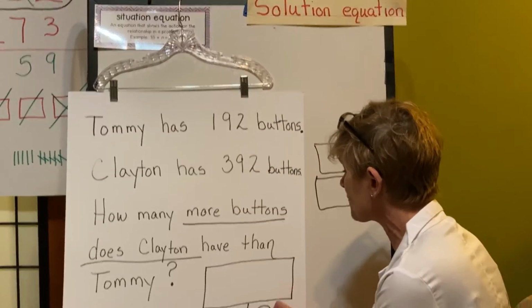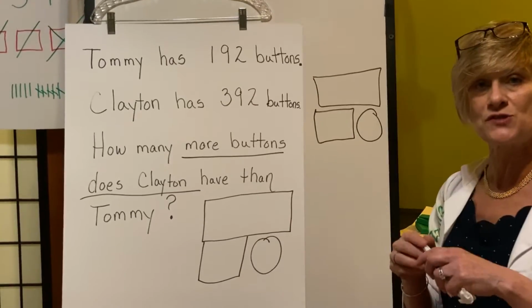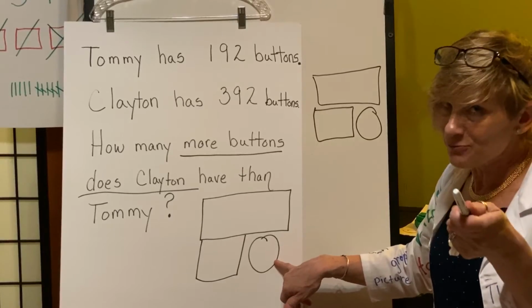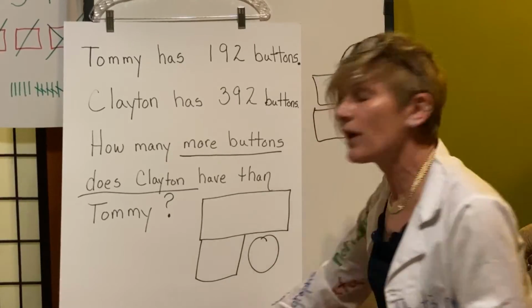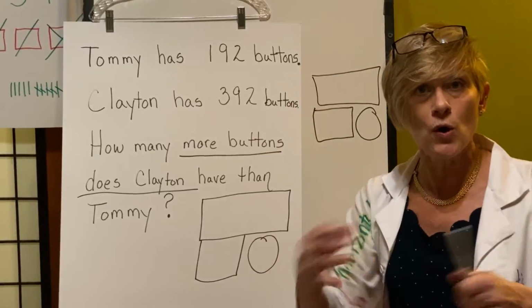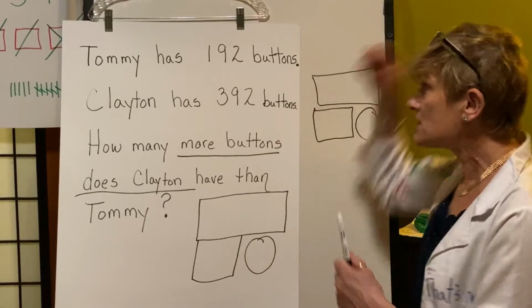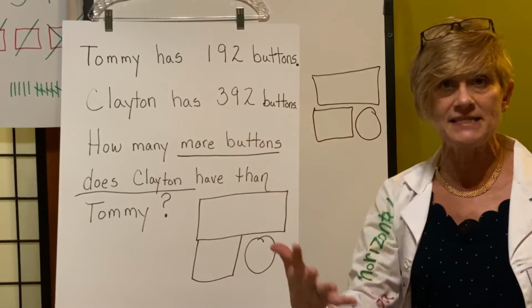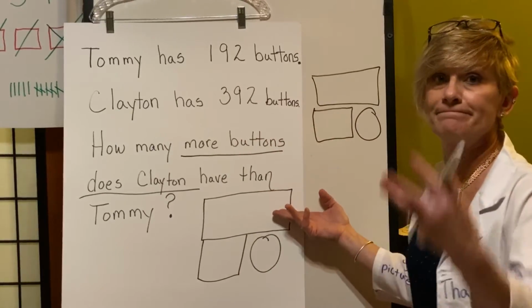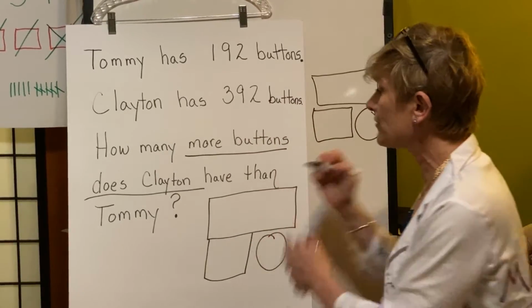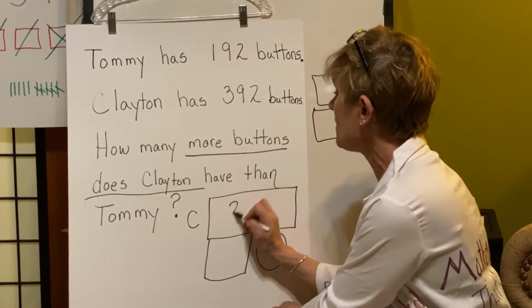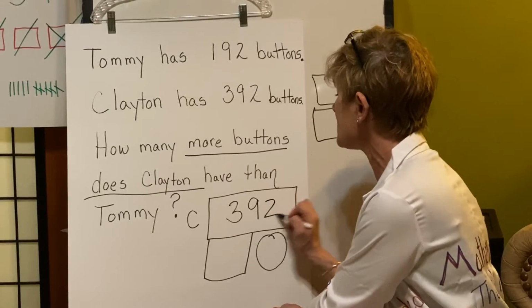And let's remember this from the classroom. We always know the circle. You're right. It's always the place where we put the more or the fewer. That's really where we see the difference. So in this case, the larger amount is Clayton. So who gets the greater bar? Clay. He's got the greater number. I'll put a C for Clay. 392 is his total.